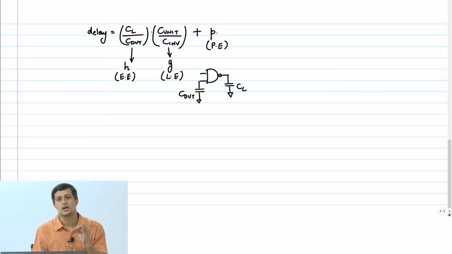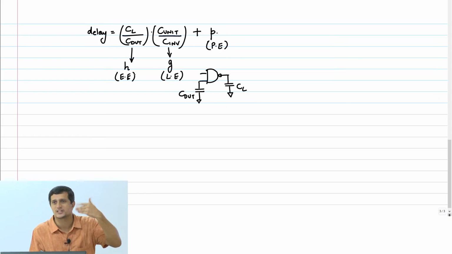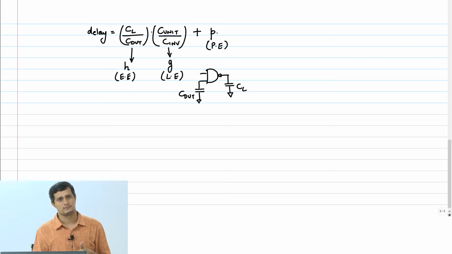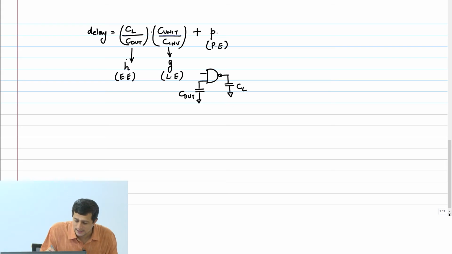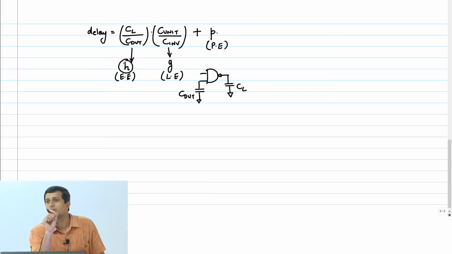The electrical effort depends on the drive strength of the gate. If I have a 1x gate, then it presents less capacitance. If I have a 10x gate, gate has been upsized by a factor of 10, then it presents a larger capacitance and therefore the electrical effort will change. Okay, so this is the guy that actually captures the sizing part of the gate.